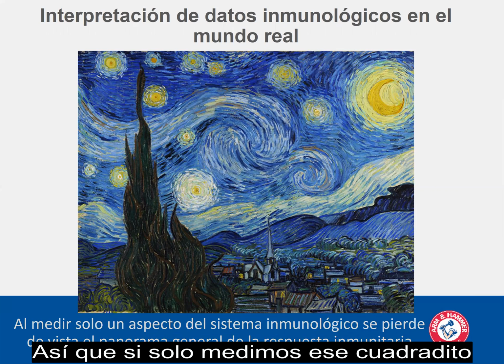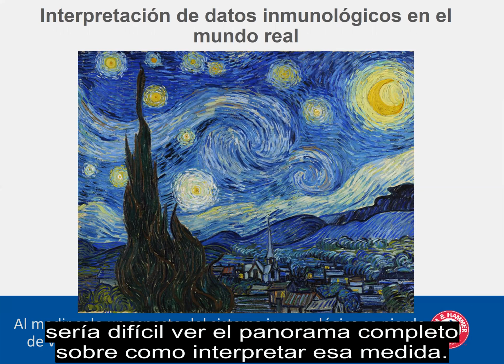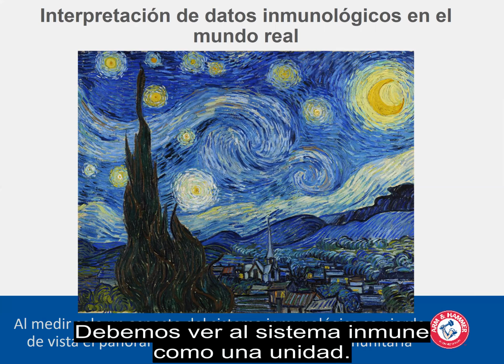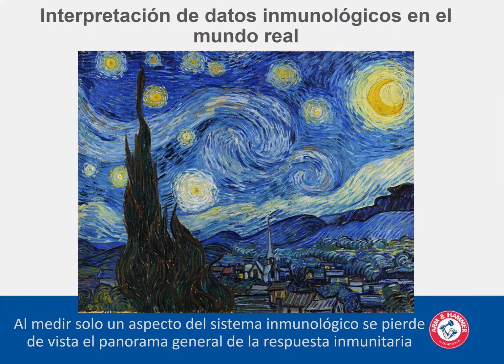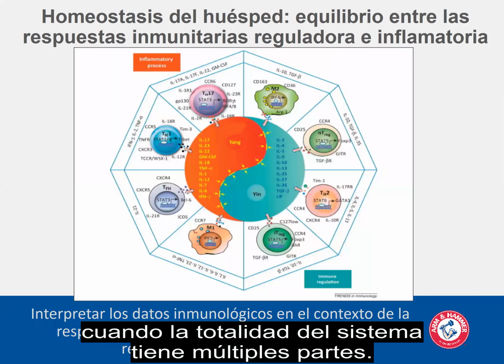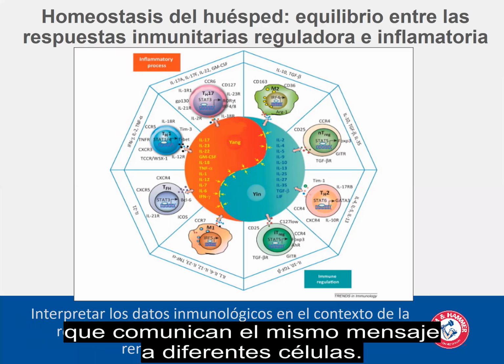So if we only measure that one little square in the whole context of the entire immune system, it's really hard to see the big picture of how to interpret that one measurement. You really need to look at the immune system as a whole. Now, that becomes very complex when the immune system as a whole has multiple parts, multiple cytokines, multiple cells, cells that produce the same cytokines and communicate the same messages to different cells.